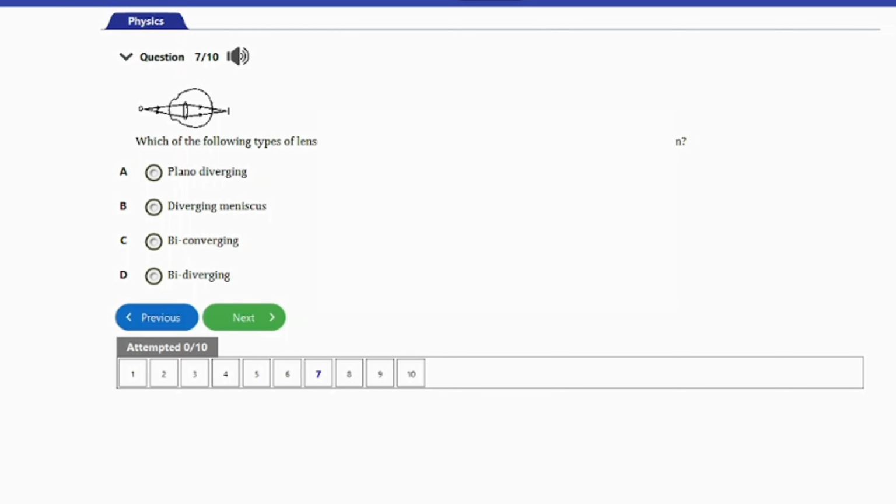C, biconverging. And D, bidiverging. So guys, the answer to this question is option C. So it will bring it to focus in a shorter distance than it would have focused earlier on. In that case, it will focus on the retina. So option C is the answer to this question. So let's go ahead and consider the next question, guys.